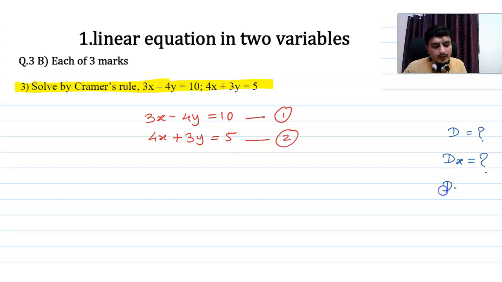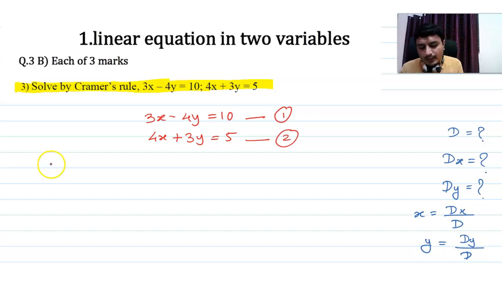Next, evaluate dy, by replacing the coefficients of variable y in d with the constants 10 and 5. At last, x equals dx divided by d, and y equals dy divided by d. So we have to perform 5 steps to solve the given simultaneous linear equations in two variables and find the values of x and y.